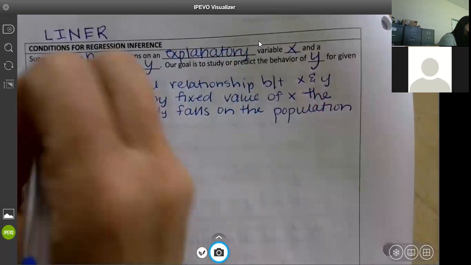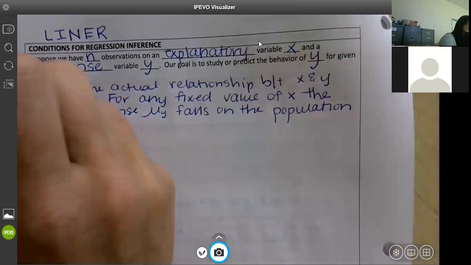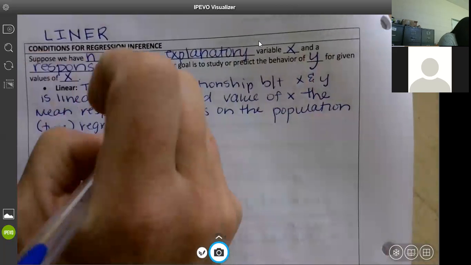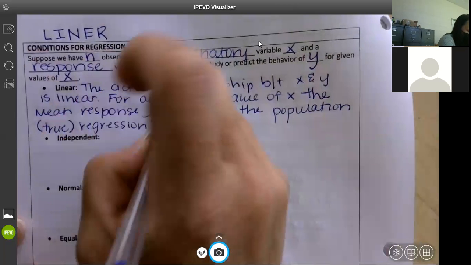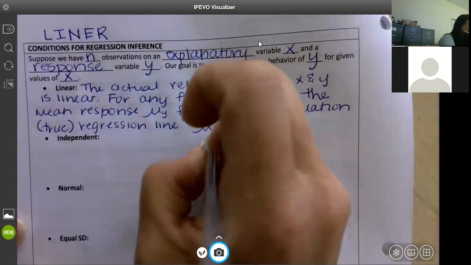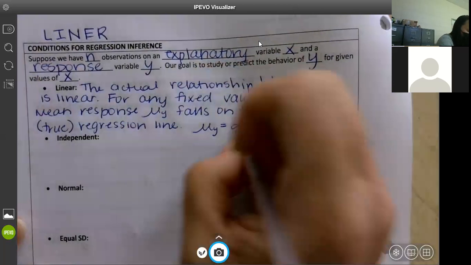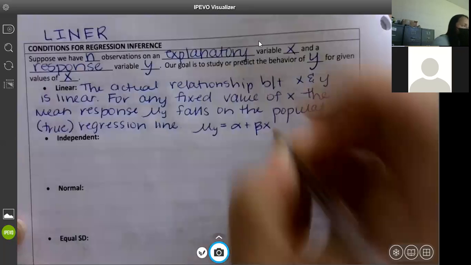That population line is the true regression line. So mu sub y equals alpha plus beta x.